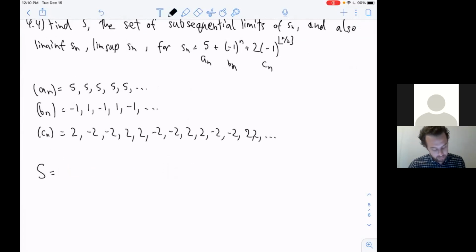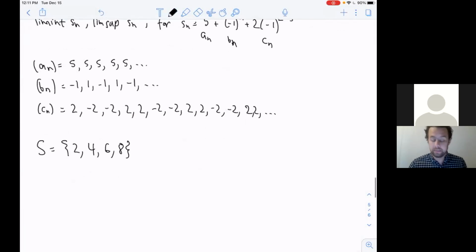We either have the most negative one, which is 5, -1, and -2, which is equal to 2. Or we can have 5, -2, and +1, which gives us 4. Or we can have 5, +2, and -1, which gives us 6. Or all 3 can be positive, which gives us 8. So I do think this is kind of cool. We get 2, 4, 6, and 8 as our limits.